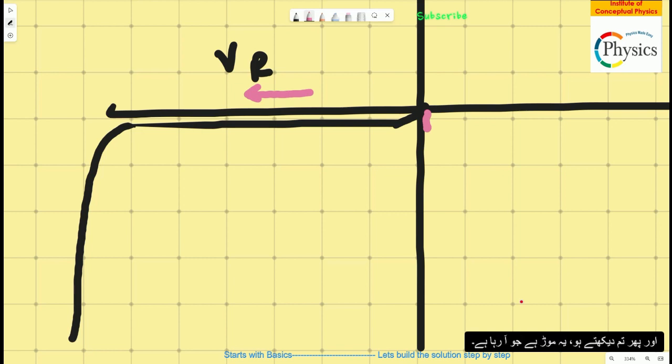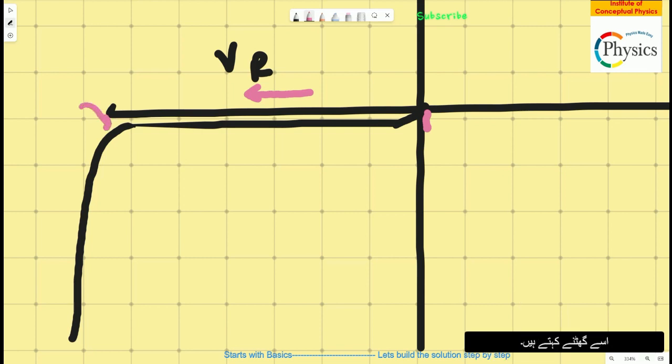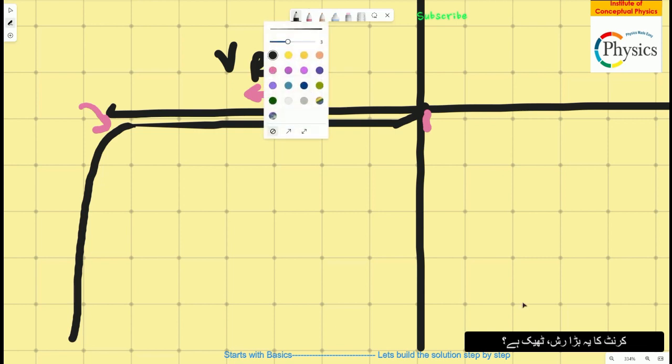And then you see there is this bend which is coming. Okay, this is the bend being referred to, right? This is called a knee. And from this point onwards, what you see is a large rush of current. Okay, this large rush of current, right? You do see that the reverse voltage failed to increase the current, but from the knee point onwards, right?